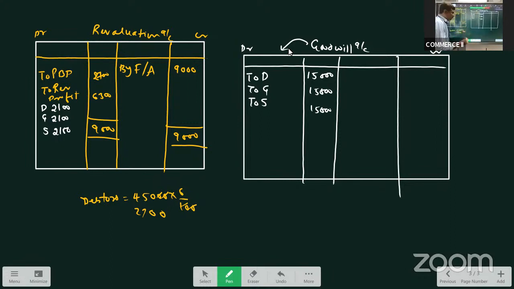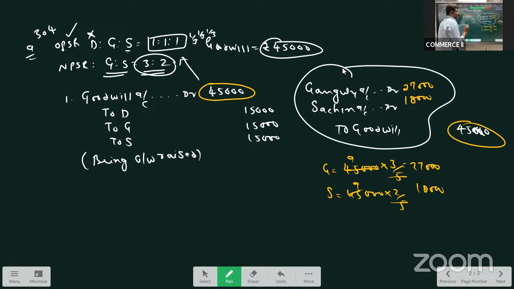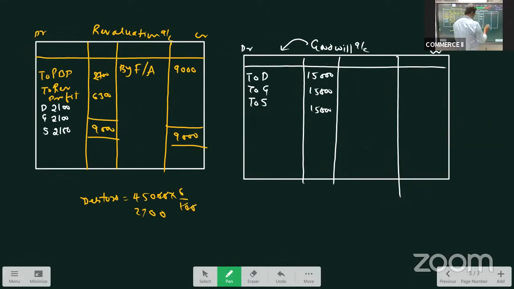Now that we are writing off the goodwill, the continuing partners, the partners who are continuing the business after the retirement of Dravid, are to be debited and goodwill is to be credited. So for that, I will write by Ganguly 27,000, by Sachin 18,000.